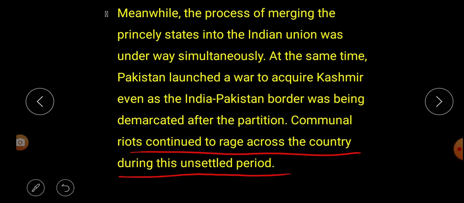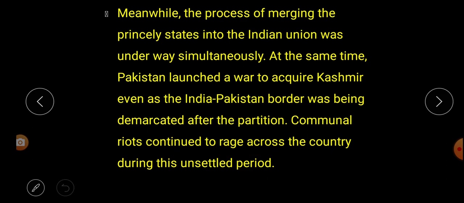During this period, India was not completely settled or established, so communal riots and fighting were going on in different regions of the country. In this paragraph it is said that on August 29, 1947, a committee was established for making the constitution under the chairmanship of Dr. Bhimrao Ambedkar.